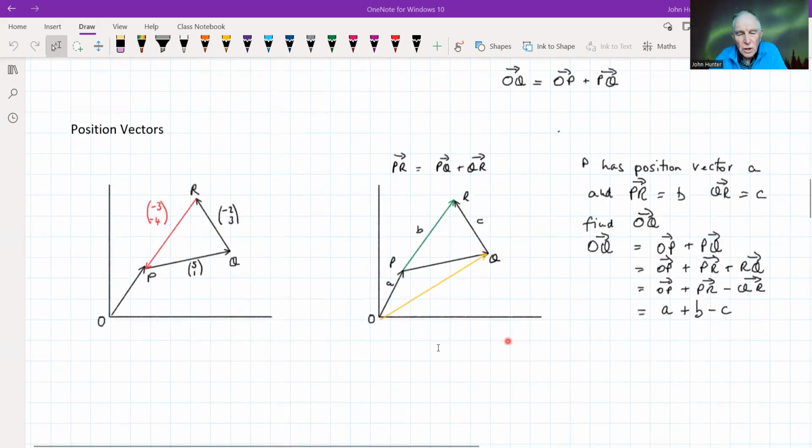Okay, and then I just mention position vectors. On all the diagrams above, I haven't got any axes, because it doesn't matter where it is in space; it's the relative position of the points that matters.